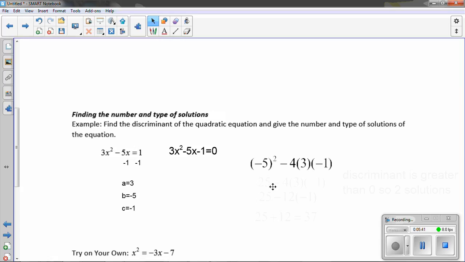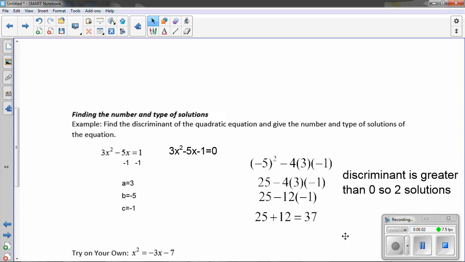So -5 squared is 25. 4 times 3 gives me 12. -12 times -1 gives me +12. 25 plus 12 is 37. So that's my discriminant. And that's greater than 0. So that means I have 2 solutions, 2 real solutions.